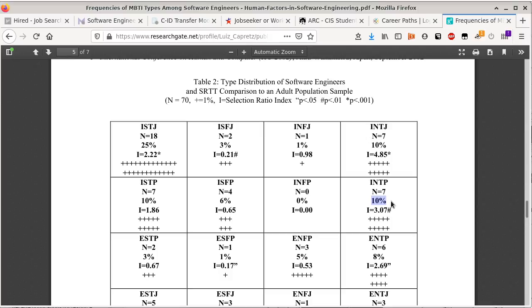So that means they are overrepresented by close to 300%. On the other hand, for ISFJs, even though in the population they are about, I cannot remember, about 14%, I think, but within software engineers, they only comprise about 3%, so they are way underrepresented here.